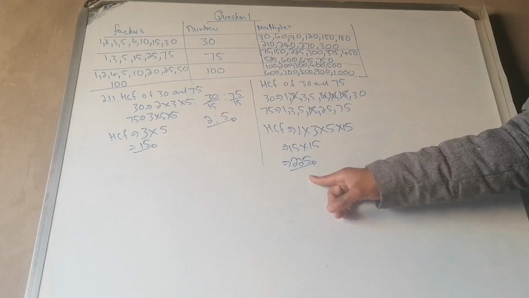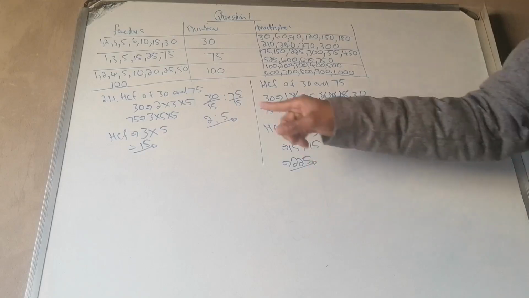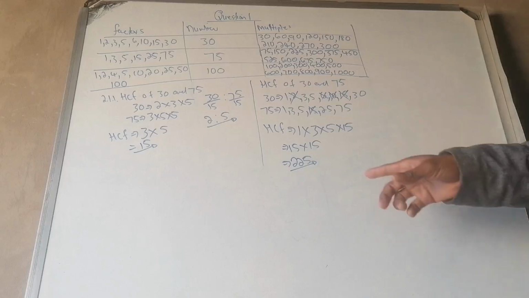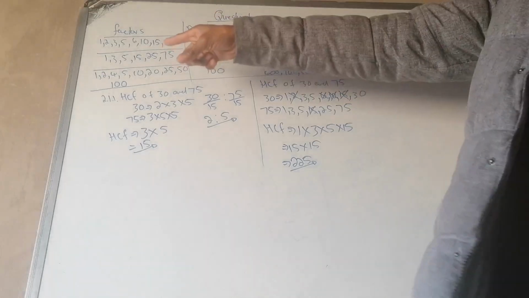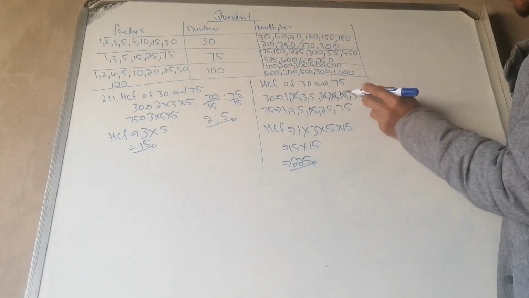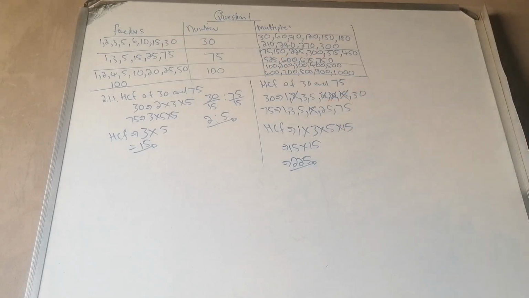A highest common factor has to be a number that is lower than the numbers that are provided. So by looking at this, it can be very deceitful, because 15 will mislead you a lot.